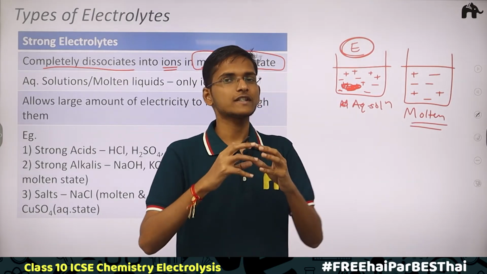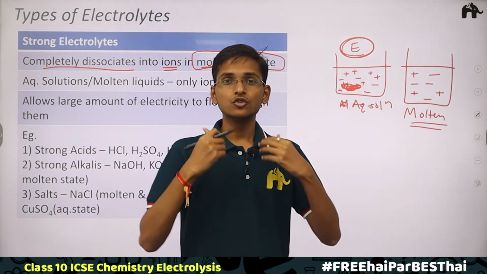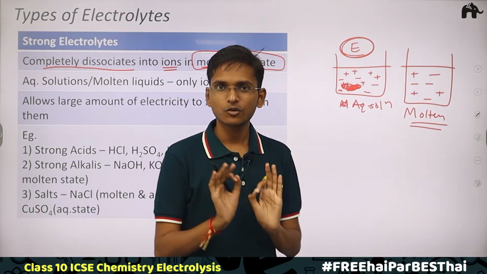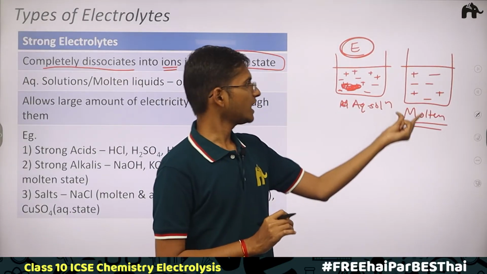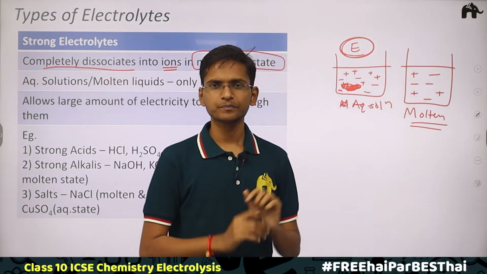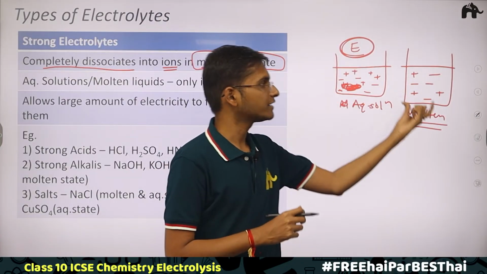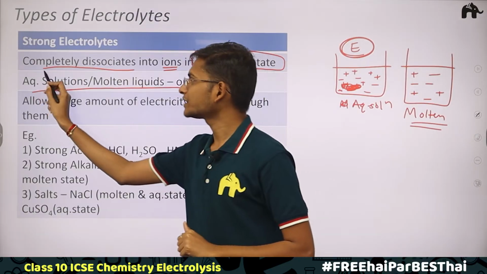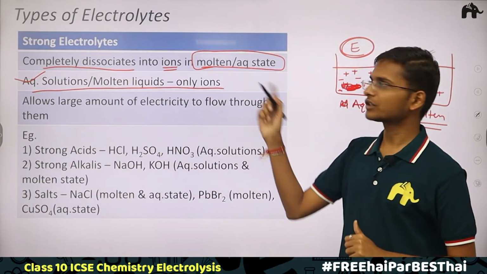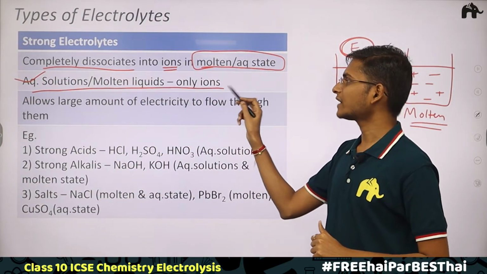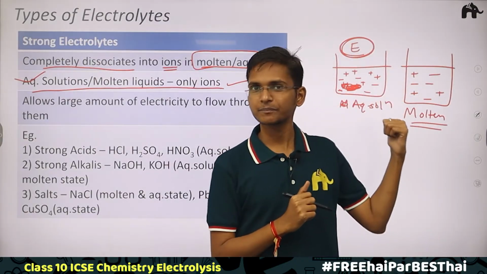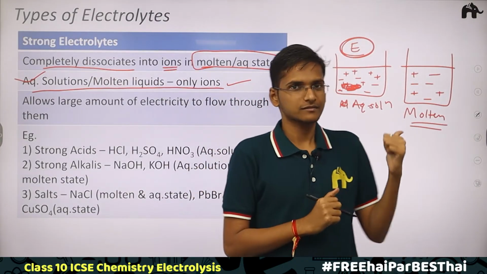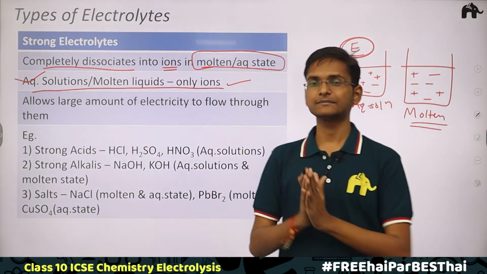So this is what is called complete dissociation. There is no trace of molecules left in their aqueous solutions and in their molten states. They only have ions in both. See this point: in their aqueous solution as well as in their molten states, the strong electrolytes only have ions. Why they have ions, we have just seen: what is complete dissociation? Now I hope you have understood it clearly.